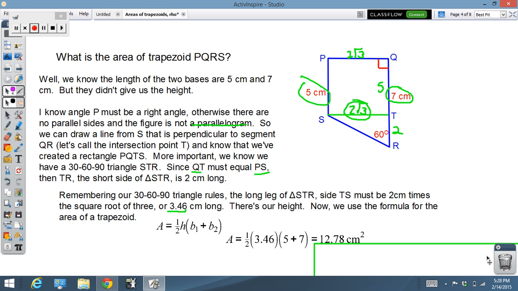Now we just use our formula, 1/2 the height times B1 plus B2, put our 3.46 in for the height, 5 and 7 in for the bases, and we find that figure must be 21.78 square centimeters. So remember, we're going to be using some of our old skills along with these new ones.